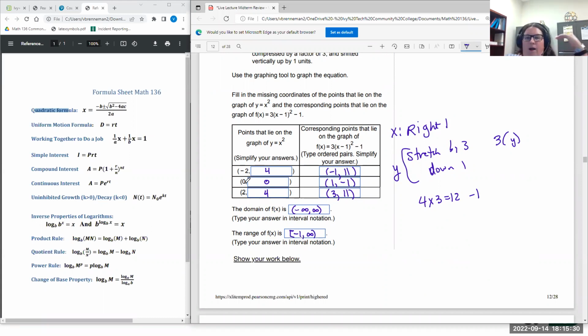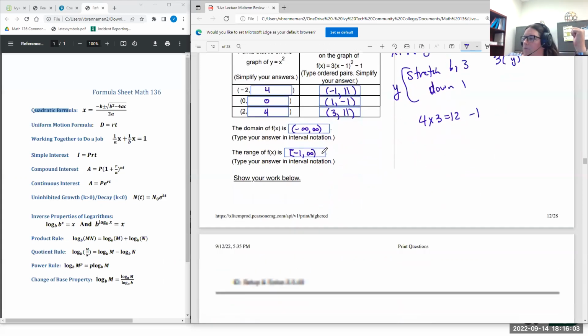And if you can figure out what happens to (0, 0), that will at least figure out the shifts. And so you do the same thing to the other x values. So if the 0 moved to 1, then the -2 and the 2 also had to move the same amount in the same direction. You shouldn't have to deal with horizontal stretches or compressions, and usually not reflections, unless it's a square root, then that might happen.